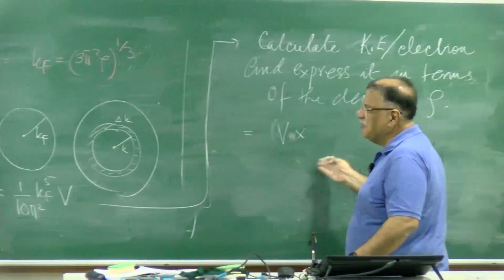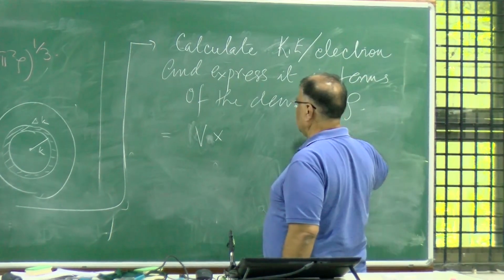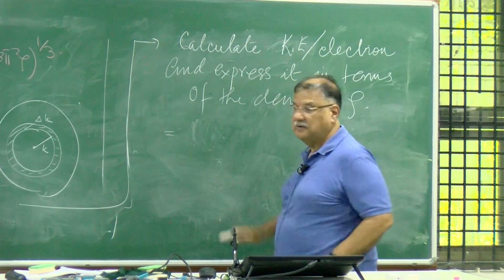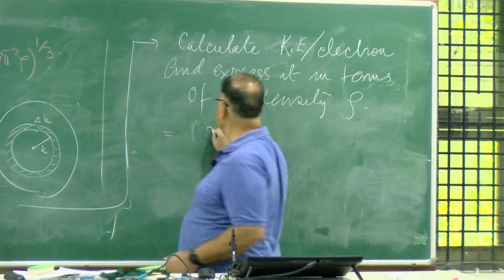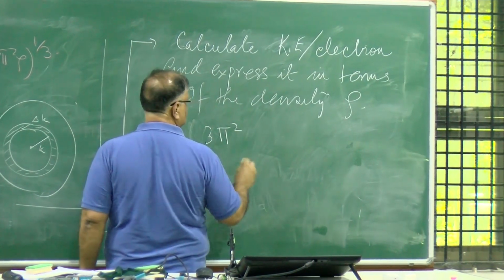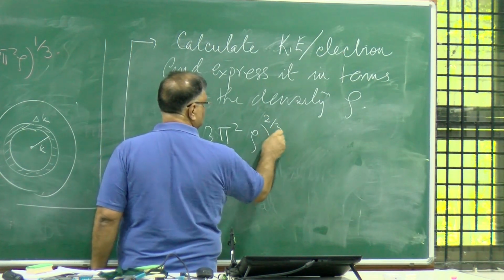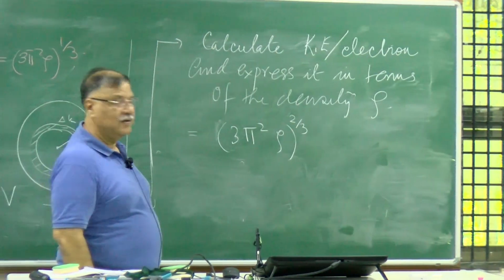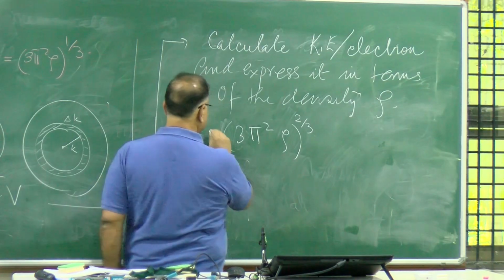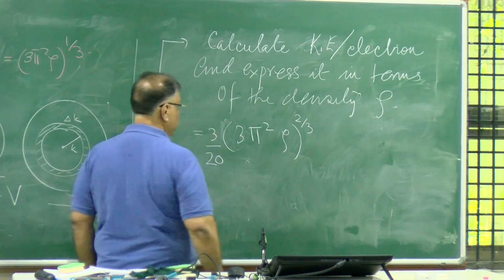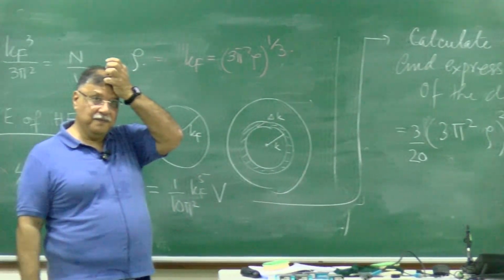From that you can divide by n, then you'll get that answer. So do it per electron. 3 pi square. Two by three. Into 3 by 2. 3 by 20.